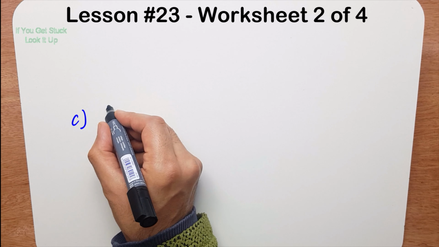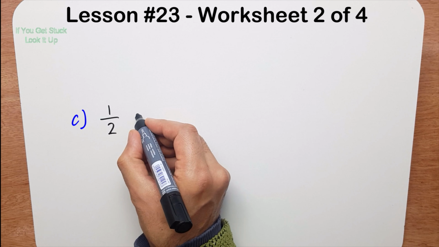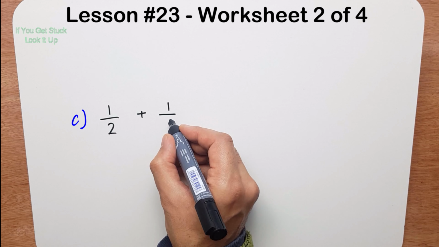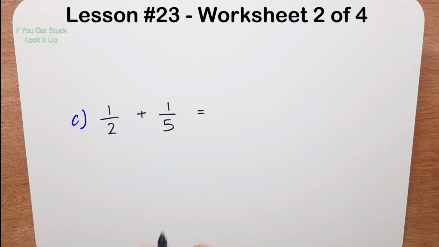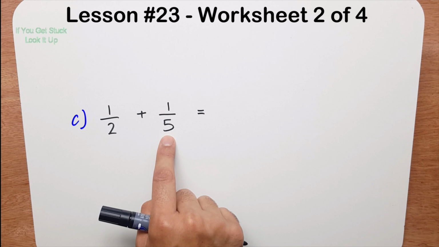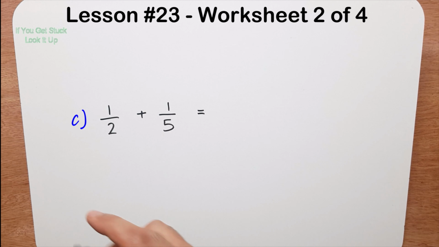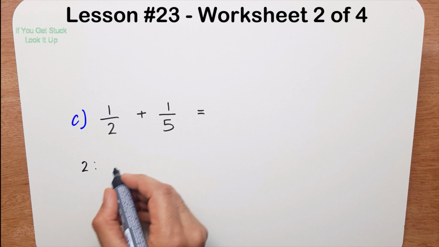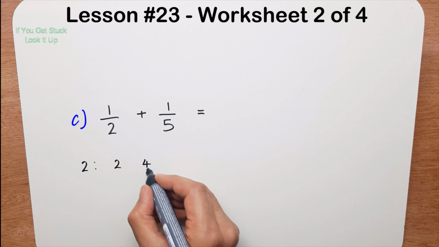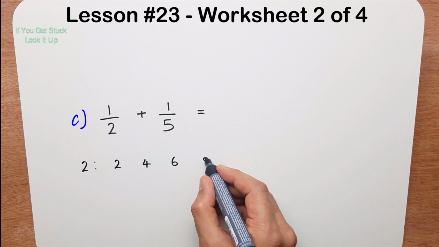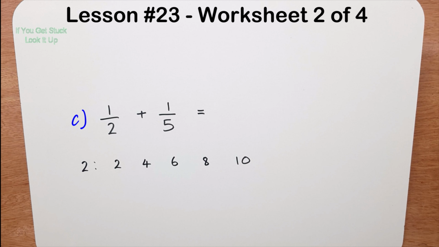So the next fraction is 1/2 plus 1/5. We notice that both the denominators are different, and we need to turn them into the same number. So we want the lowest common multiple. So I'll do the 2 times table: 2, 4, 6, 8, and 10.